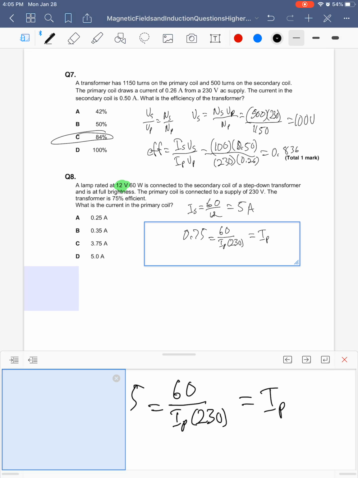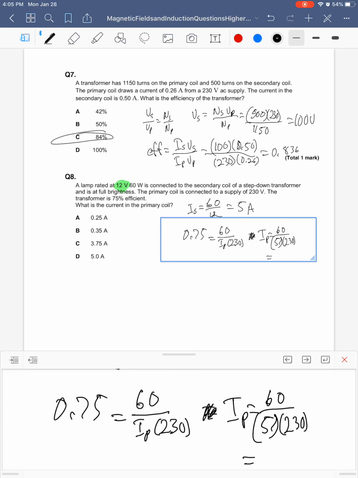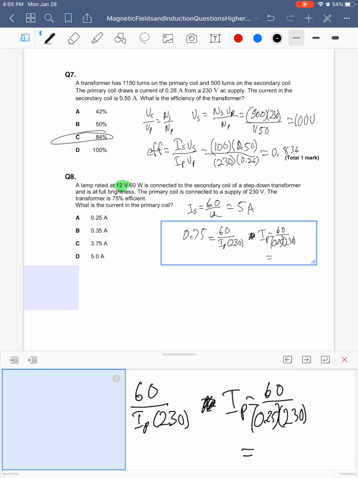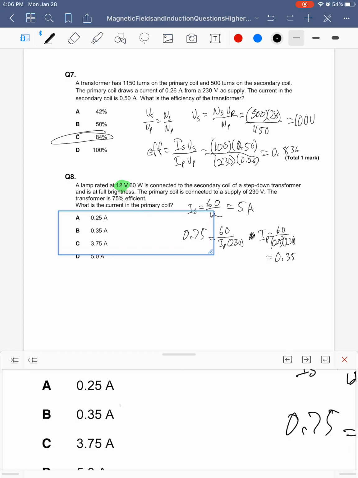So Ip is equal to 60 divided by 0.75 times 230, which gives 0.35 amps.